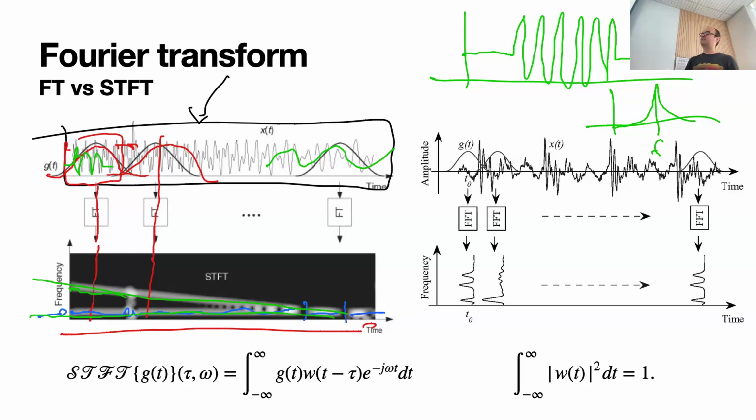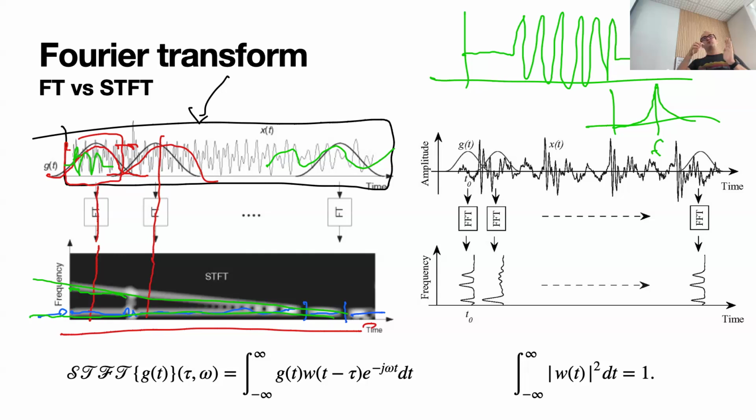And the Fourier transform will tell me that this frequency is present in the signal. It doesn't tell me whether it is present all the time or whether it is just localized, and where it is localized. So instead of having just frequency information, I want time and frequency.